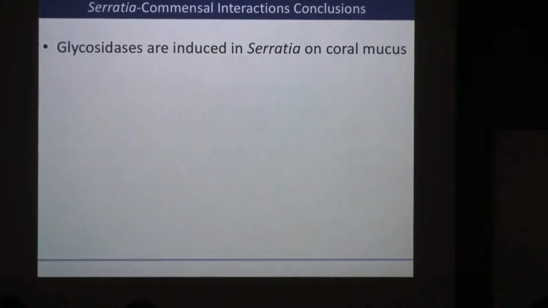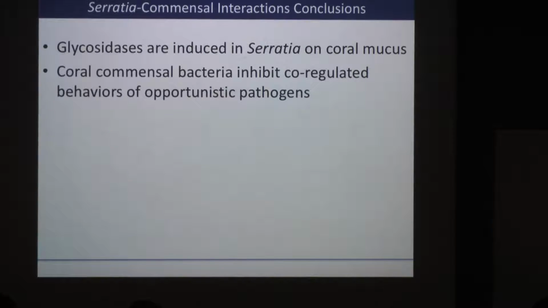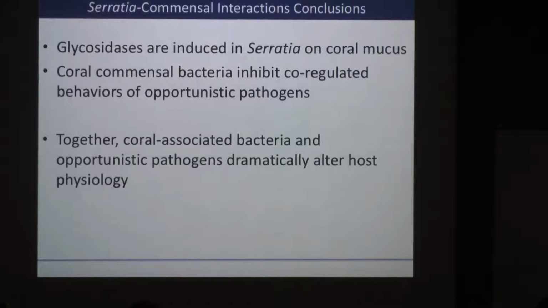So from here, we've got the idea that glycosidases are induced in this pathogen and other pathogens in response to growth and landing on coral mucus. Some of these coral-associated bacteria can inhibit some of these co-regulated behaviors, so the metabolism and surface motility. And together, these bacteria and the opportunistic pathogens have this potential to dramatically alter the host physiology.